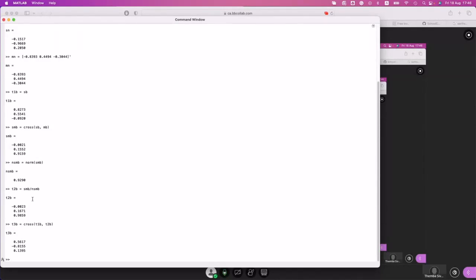So why for T3B do you use cross instead of the normal times sign? Okay. Remember that it's a cross product. We are not doing dot product. Okay.